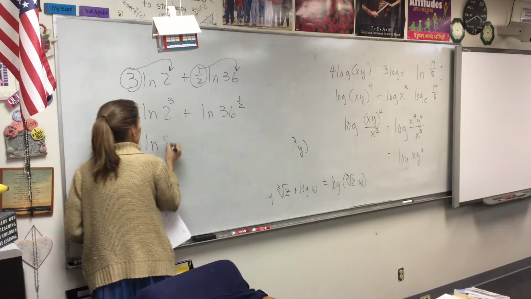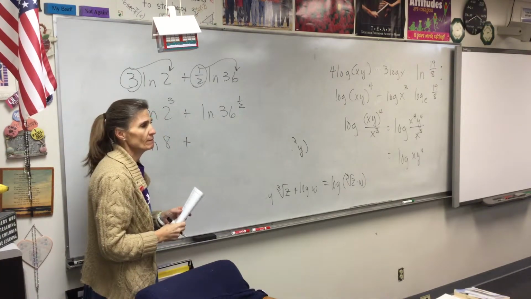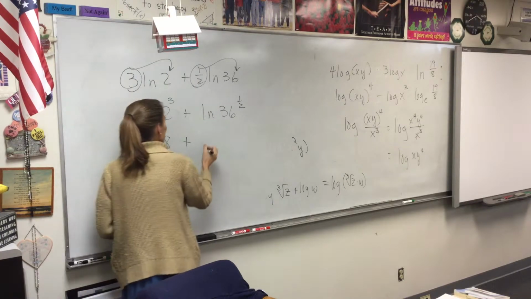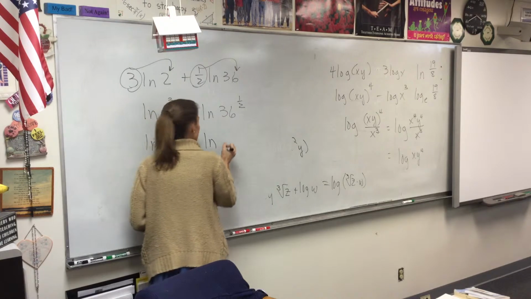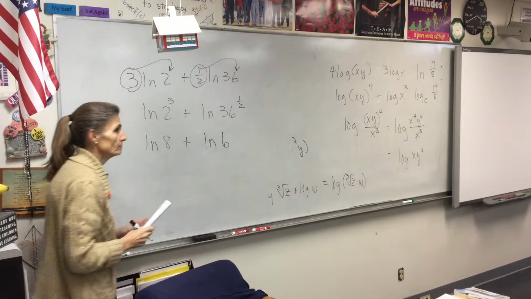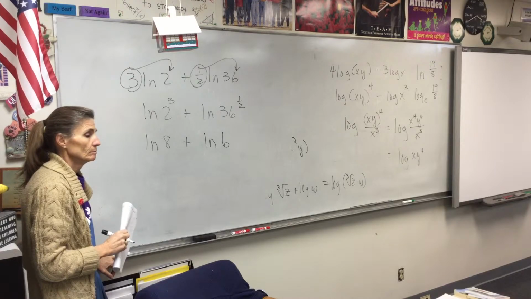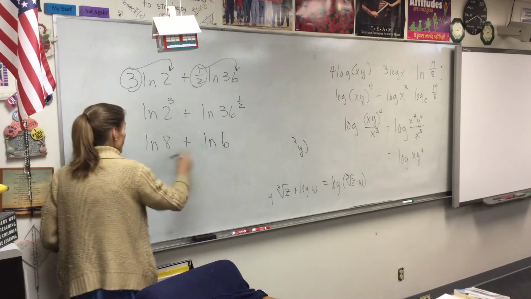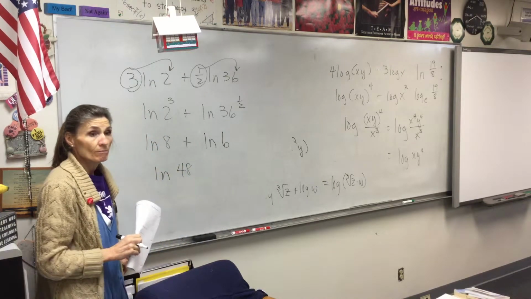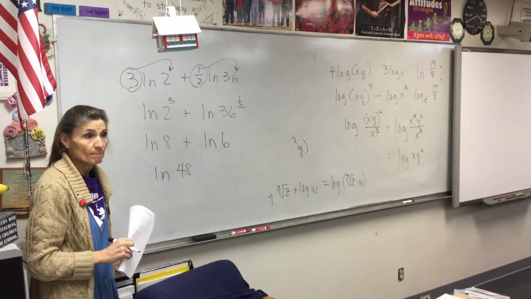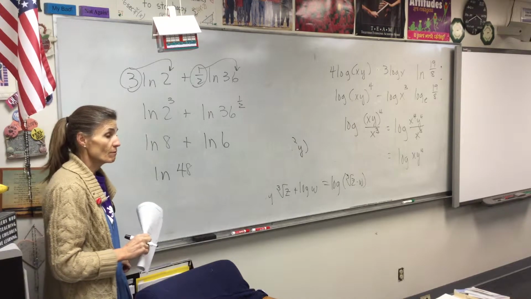So ln 8. What does 36 to the 1/2 mean? Square root. The square root of 36, which is 6. Now we're going to put those together, and it's going to become ln 48. 8 times 6. Everybody okay with that?